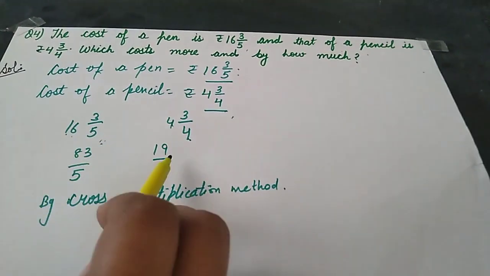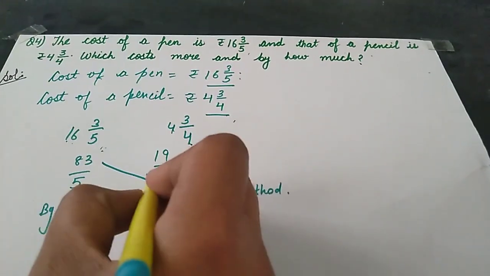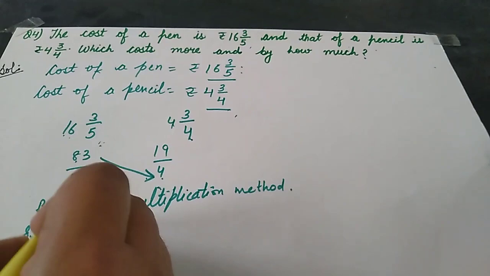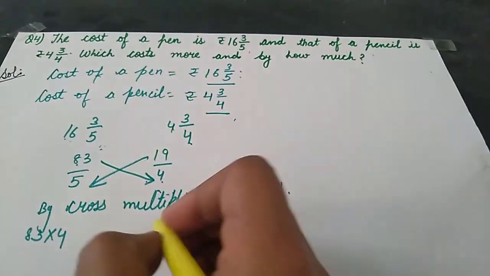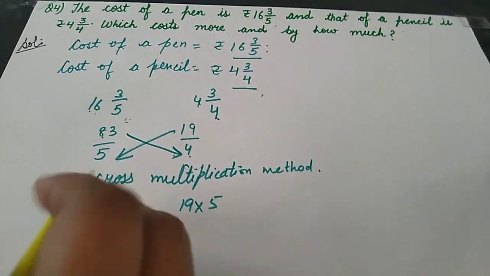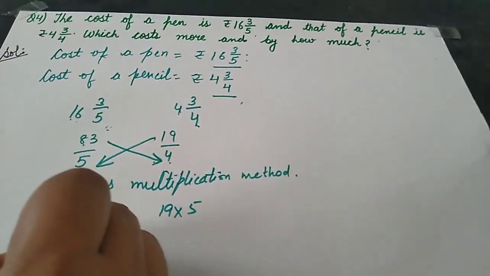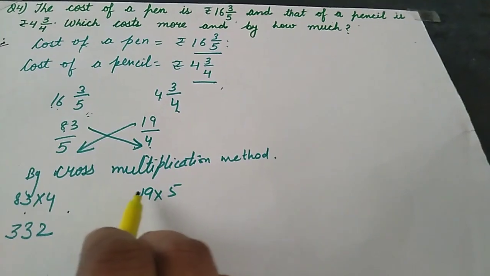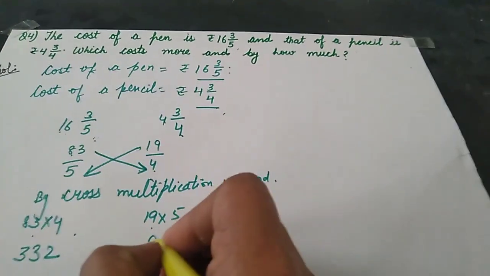Multiply 83 by 4 and 19 by 5. 83 times 4 is 332, and 19 times 5 is 95.